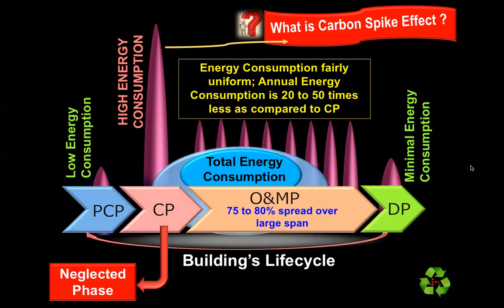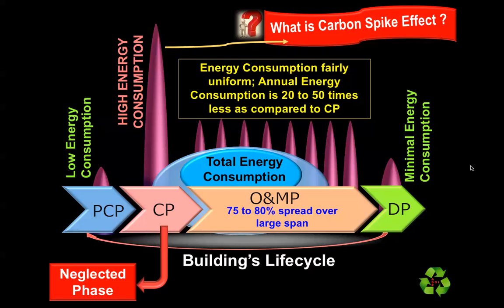And very unfortunately, this is the phase completely neglected by all sustainability assessment organizations or parameters. So this is where, as civil engineers, we need to act. This is the need of the hour, and we need to reduce our carbon footprints, etc.